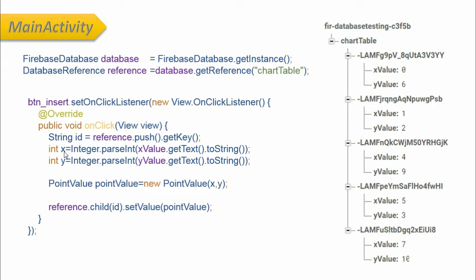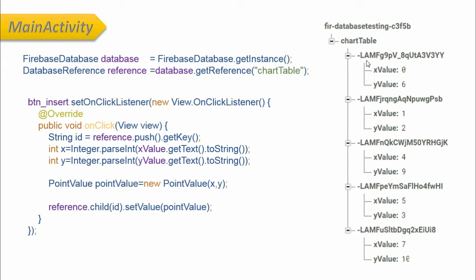Now we have X value, Y value and a random ID. After that just create an object of the POJO class that we have created. So pointValue equal to new PointValue, and provide the X and Y. Now we have an object of PointValue with values X and Y, and using reference.child, provide the id.setValue(pointValue).